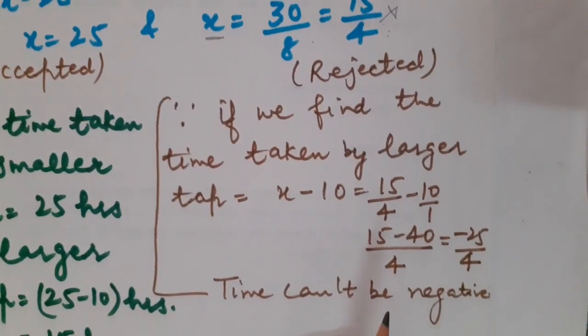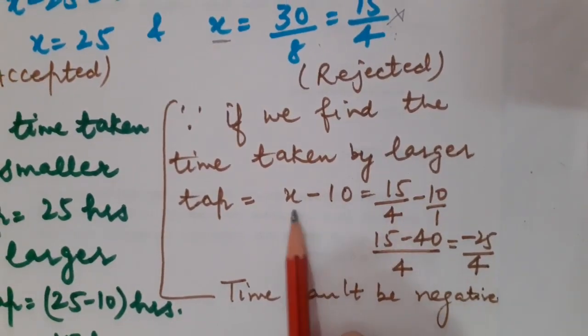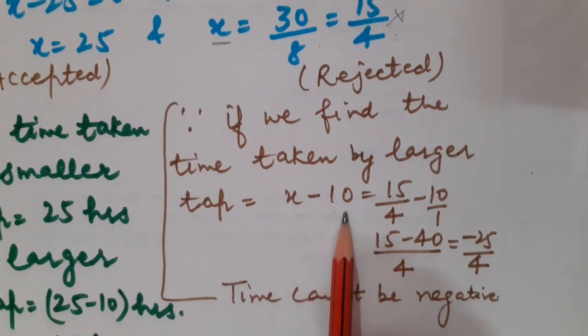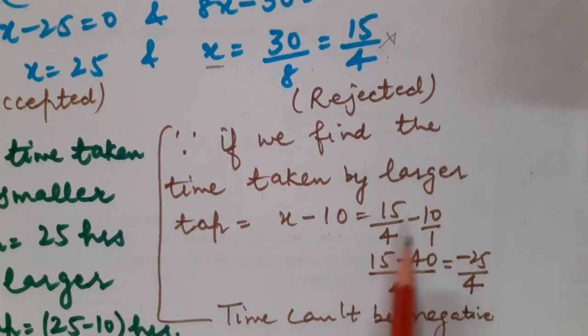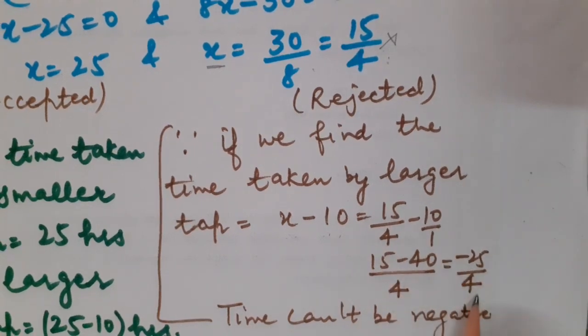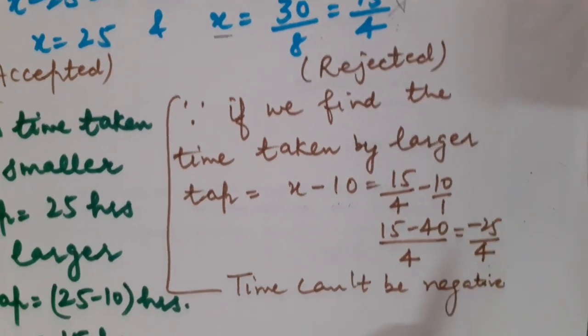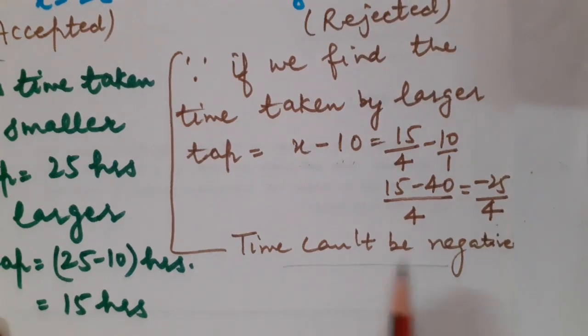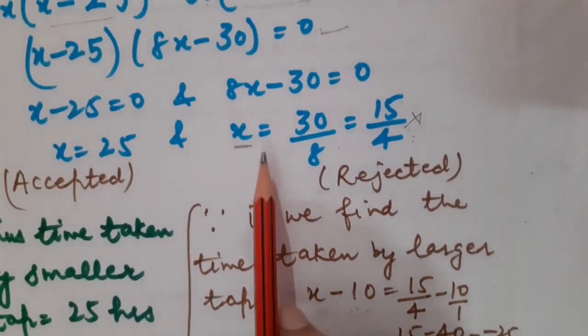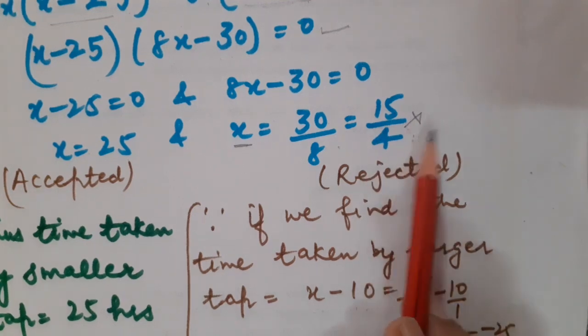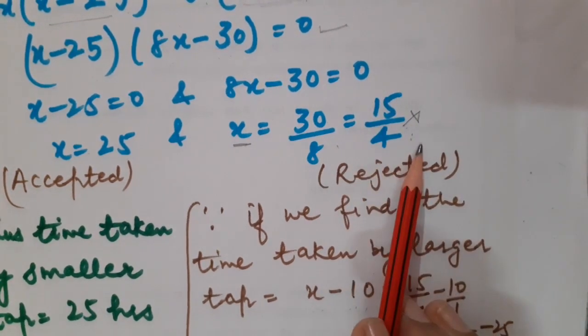Correct? So here I am going to find out the time taken by the larger tap, that is x minus 10. If x is 15 upon 4, minus 10 would give you minus 25 upon 4. But children, you know very well that time can never ever be negative. So that's why the value x is equal to 15 upon 4 will be considered as the rejected value.